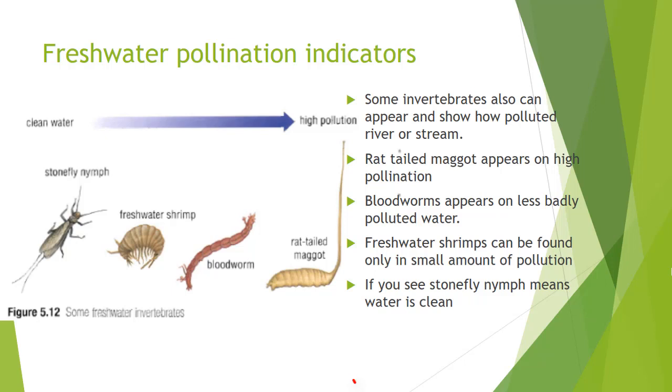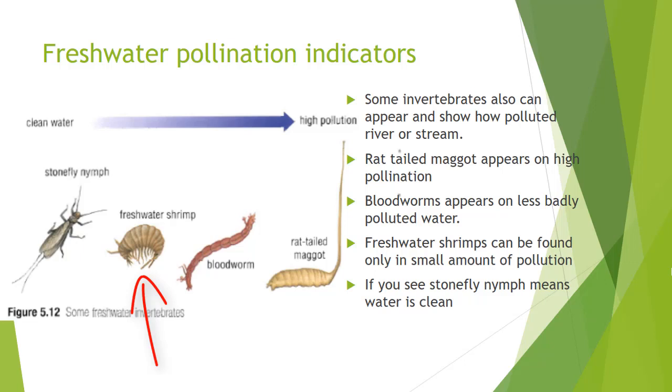One of them is the red-tailed maggot. They appear only in highly polluted fresh waters. There are also bloodworms that appear in less badly polluted waters, and the next one is freshwater shrimps.